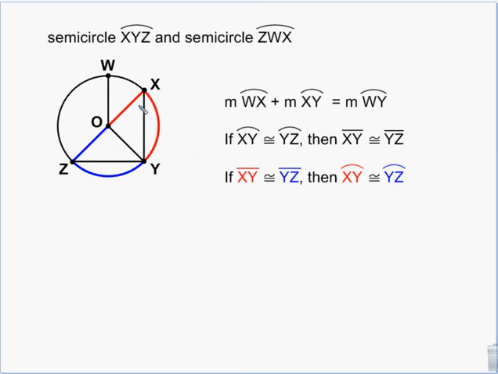And then if we have arc XY congruent to arc YZ, then we have the chords that are congruent, which we talked about already. And if the chord XY is congruent to the chord YZ, then that means the arcs are congruent. So congruent chords make congruent arcs, and congruent arcs make congruent chords.